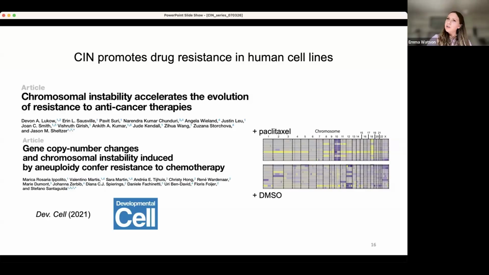And what these groups also noticed in these papers is that oftentimes what you end up seeing in the drug-resistant population are new or different enriched aneuploidies, suggesting specific aneuploidy drug interactions. Okay.